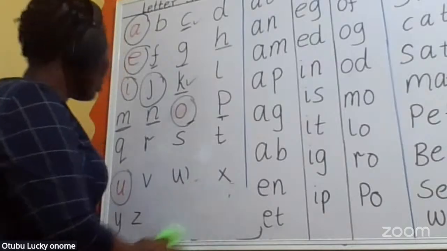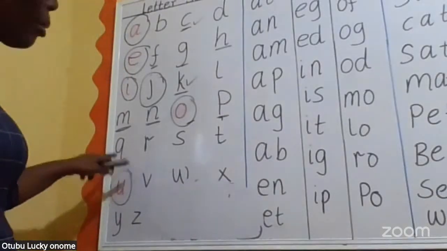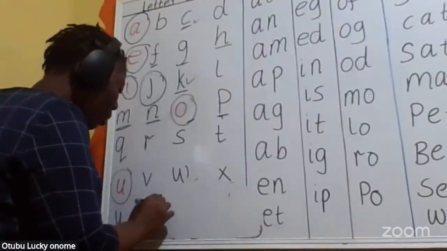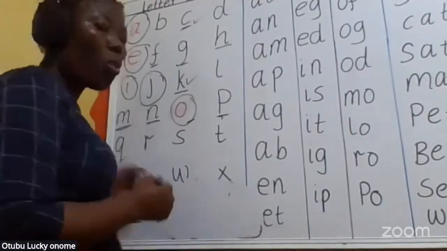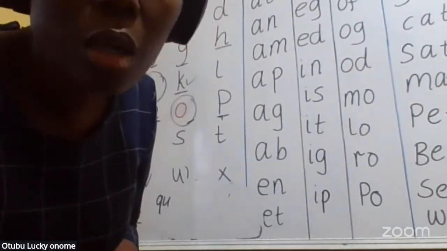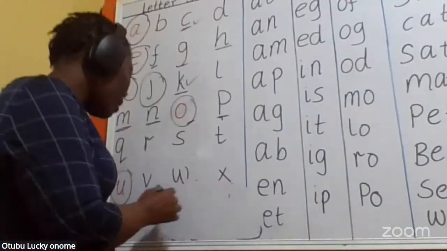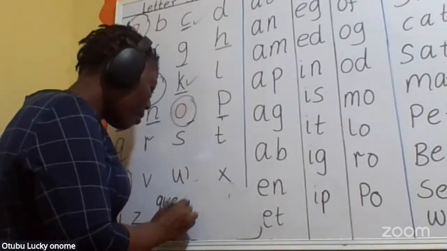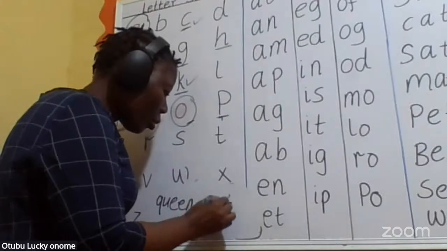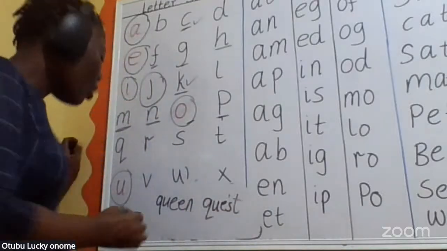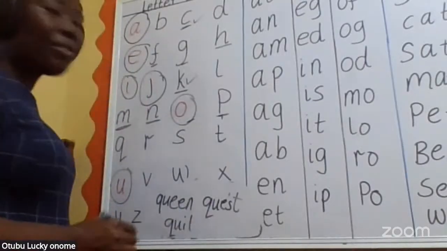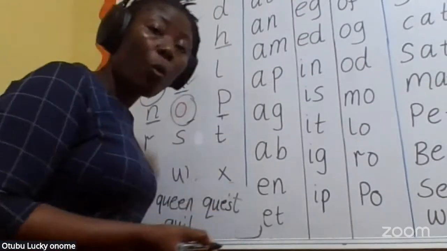The next sound we are looking at is the one in queen, quest, wheel, and question.